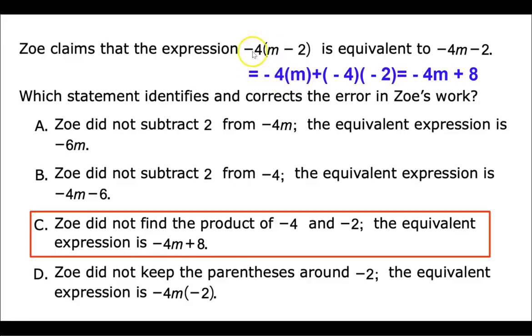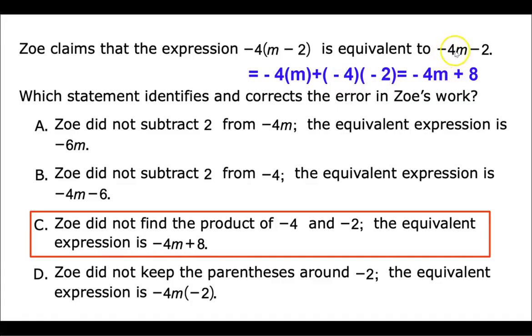Then we have a -4 times a -2, which is set up right here. Thus, the correct expression would be -4 times m, which is -4m. And then -4 times -2 is 8, because a negative times a negative is a positive, and 4 times 2 is 8.